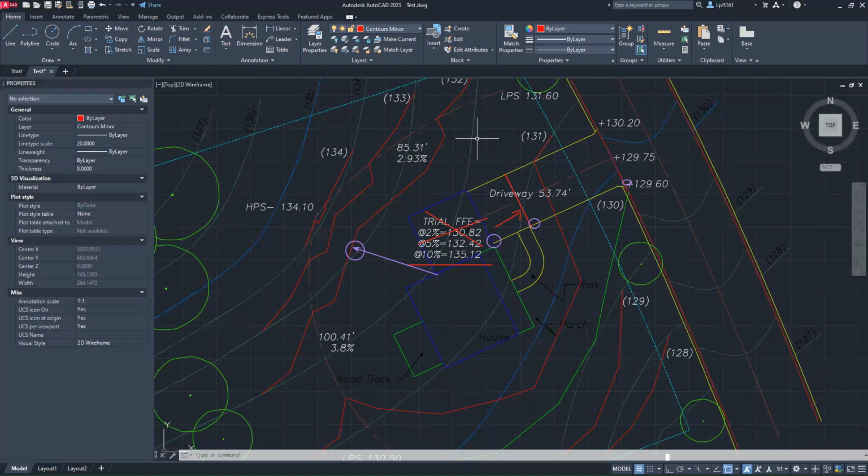But if we want to create a V-shaped swale, just use your HPS equal to 134.1 as an example. The first contour that's shaping our swale is 134, right? Let me try to find where 4 is. 1, 2, 3, 4.